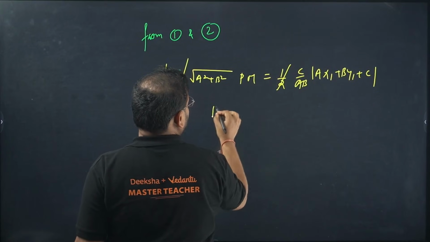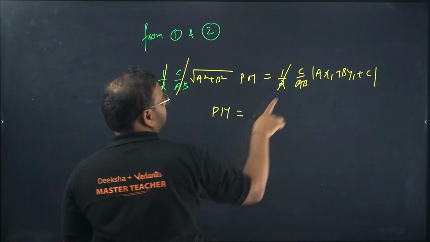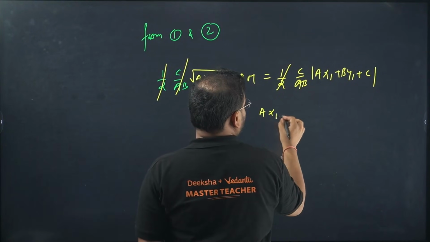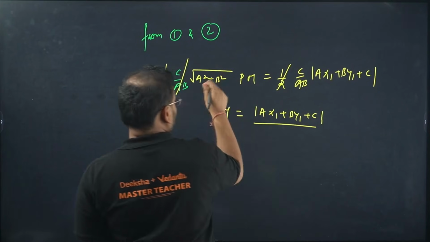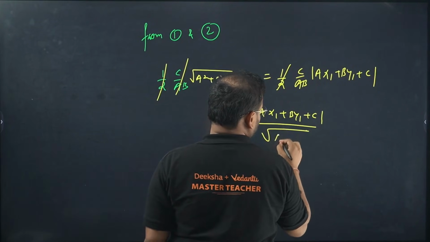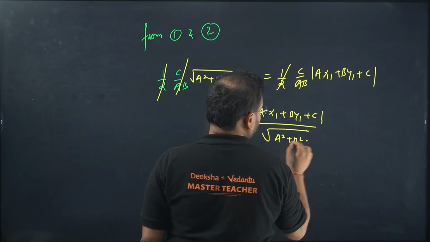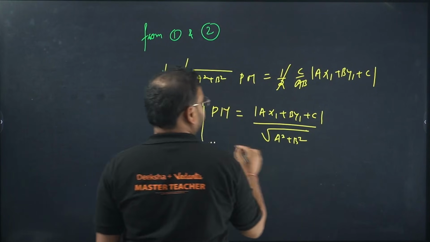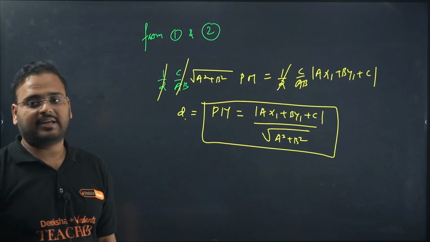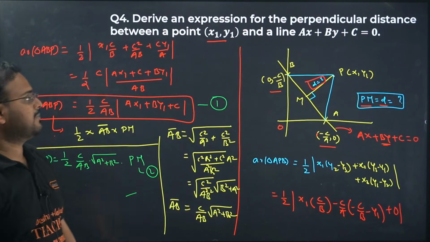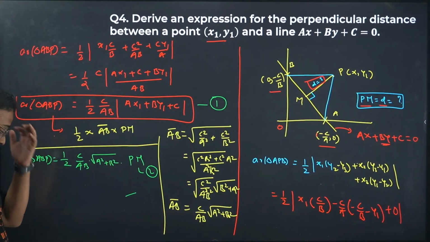I want the PM length, the height, the distance. I'll get this as the modulus of AX1 BY1 plus C divided by this value here. This is the distance of a point from a given line AX BY plus C. Check, the proof is done.